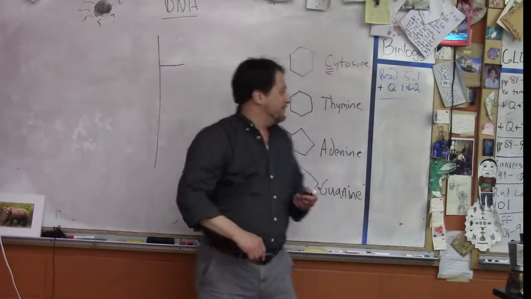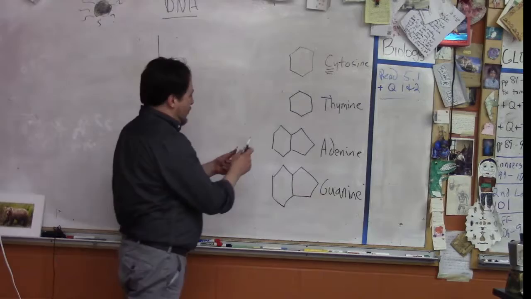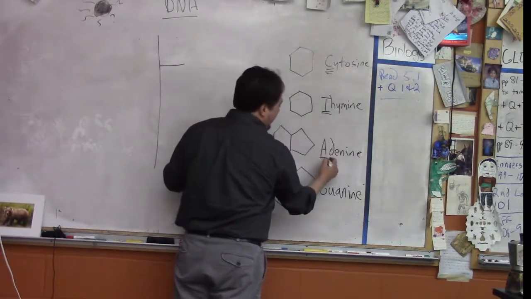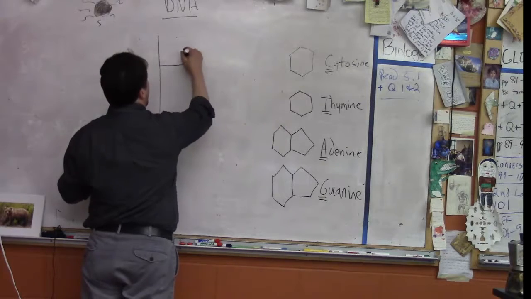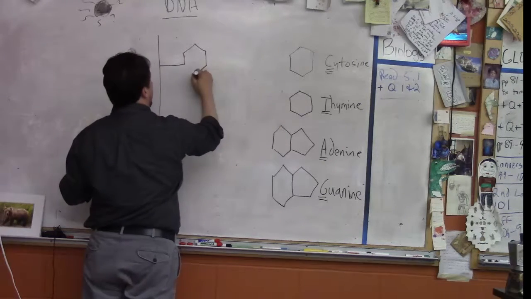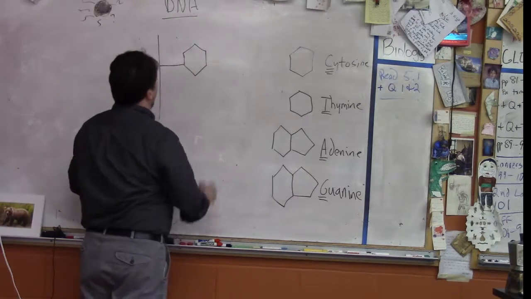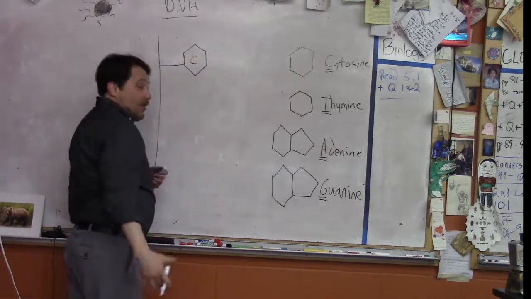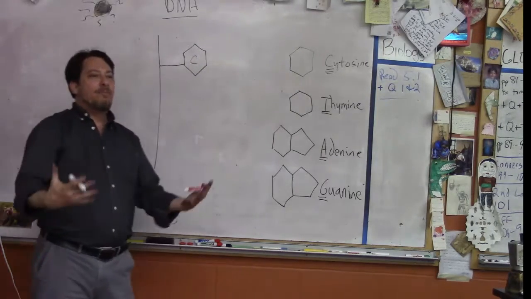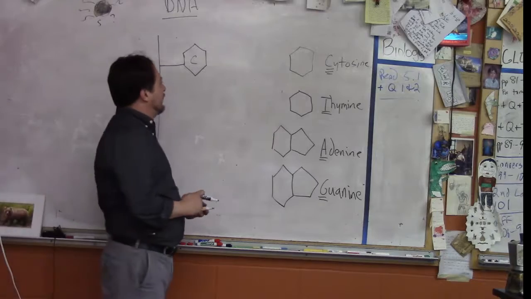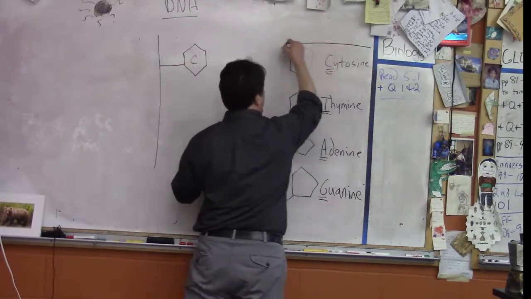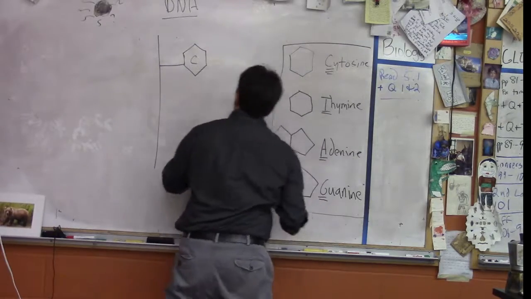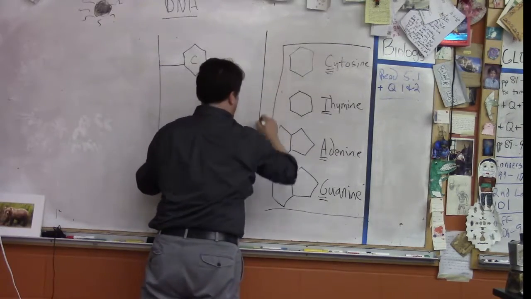So C, T, A, and G. So here is, let's call this a C. The other thing you have to know about the nitrogenous bases of DNA, I'm going to put these in a box so they look separate, because they are. And I'm going to draw the other strand over here.